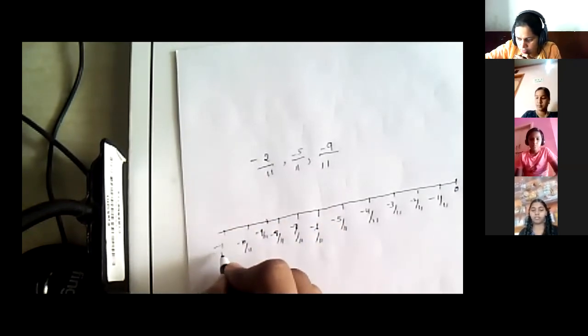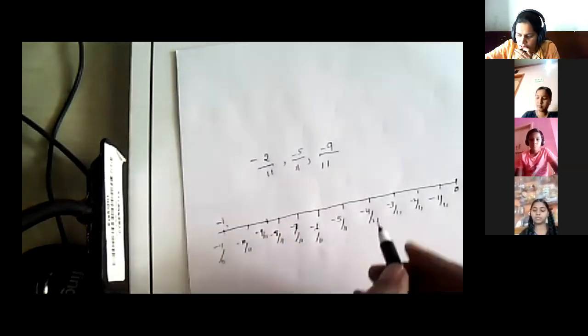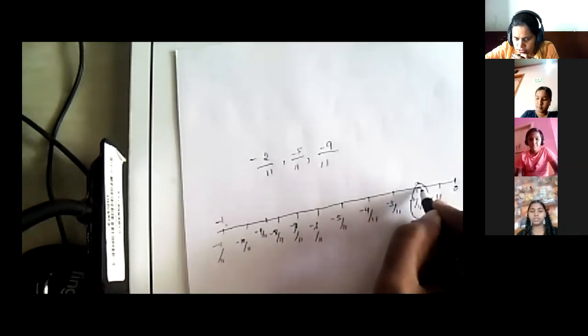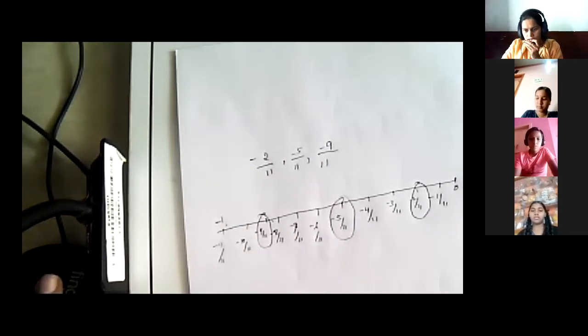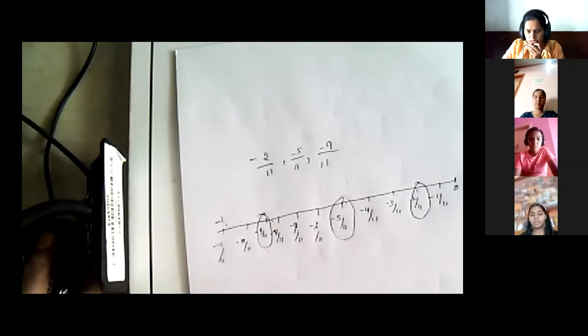Again, minus 11 upon 11 will be minus 1. Here our numbers are these, and then 5 upon 11 and 9 upon 11. Got it, Ramya? Shall we move to the next doubt?